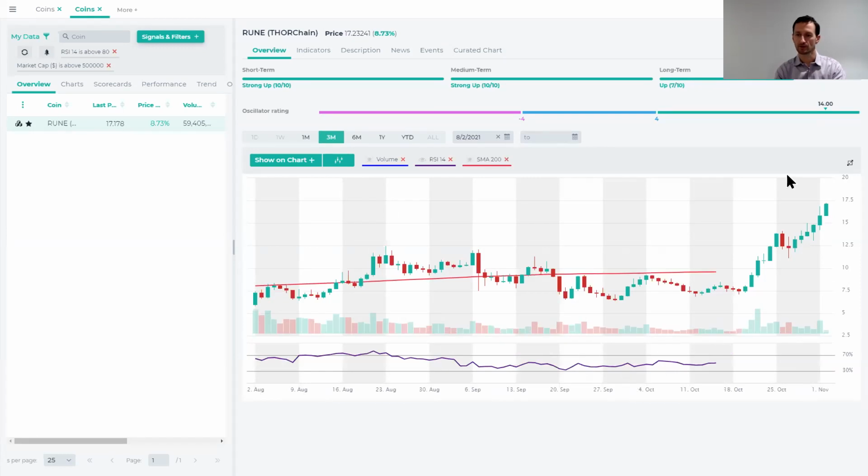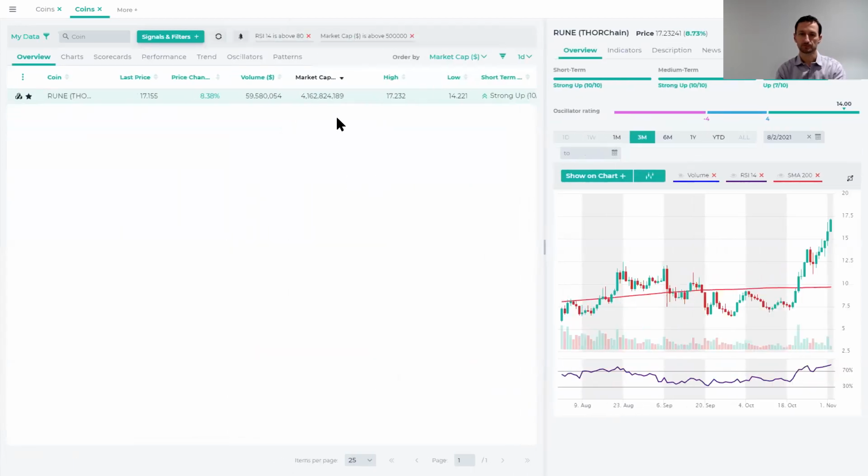So even in this big run we've had, a couple of days of pullbacks, you could see if you can time that perfectly, sell here, wait for a pullback and buy it back up, based on the fact that it's extremely overbought. And what I would probably do here is trim some of my position and let the rest of the position ride out until we get closer to the 20 level.